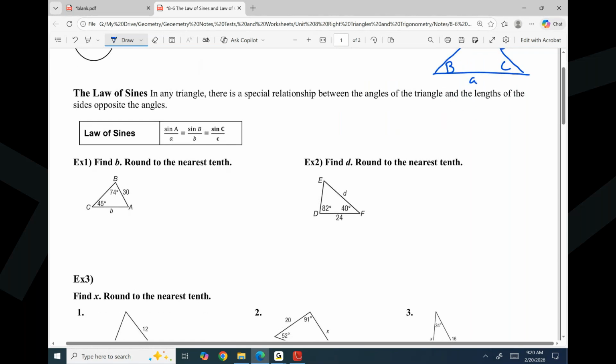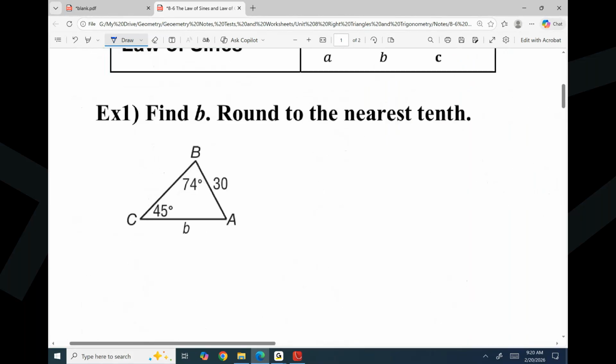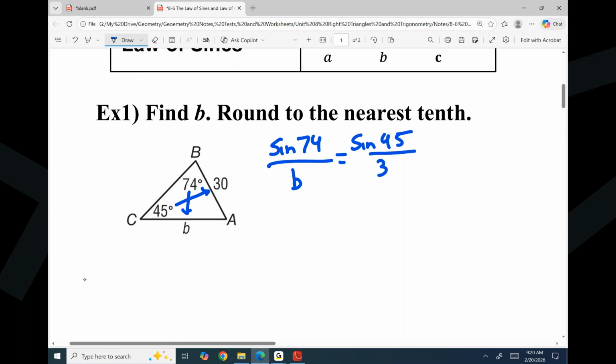All right, so let's look at example one. You will need a calculator to do these. What do we have? We have angle 74 across from B, so we would say the sine of 74 over B, and then I have to find the other one. 45 is across from 30, so the sine of 45 over 30.